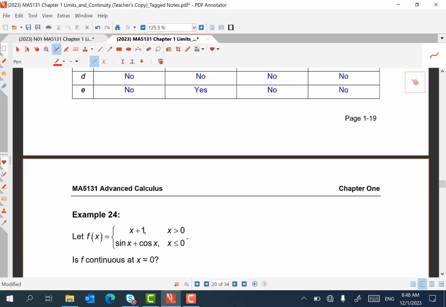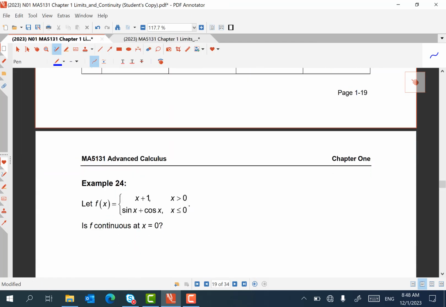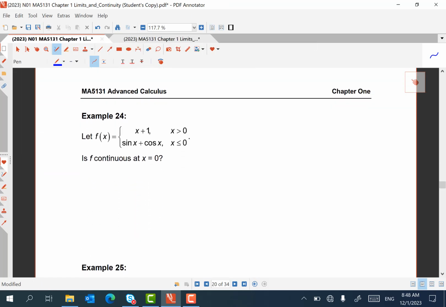Okay, example 24. You want to try this question? To check that a function is continuous or not, as I told you, you have to do it the way we talked about, the 3 steps. Step 1, you have to ask: is f(0) defined?